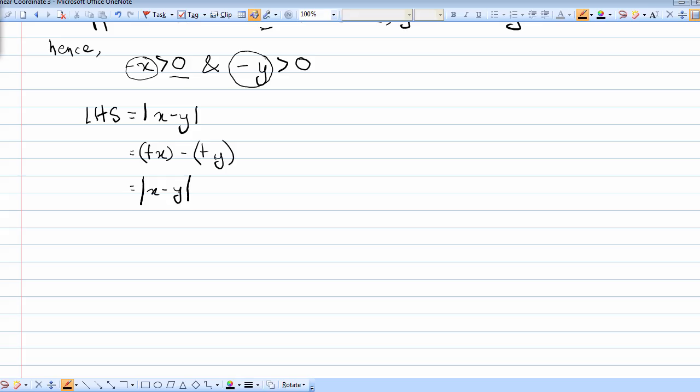Now the interesting part is that we will have to apply rule 1 in here. So let's apply rule 1. Let's write something like applying rule 1.